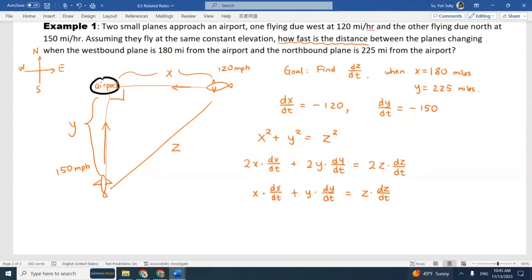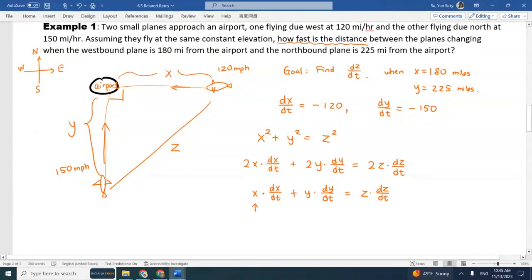What is x? 180. What is dx dt? What is y? 225. Yes.